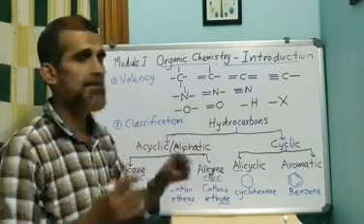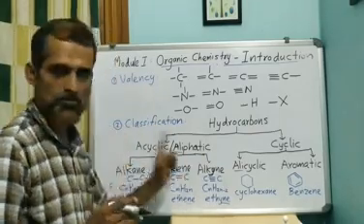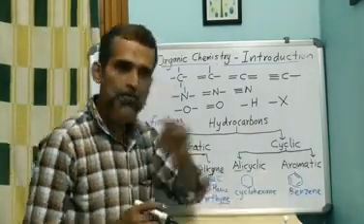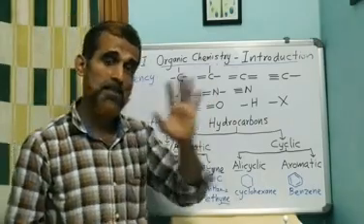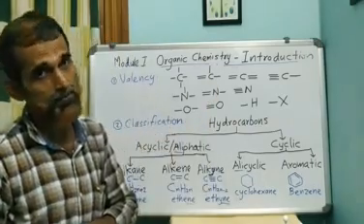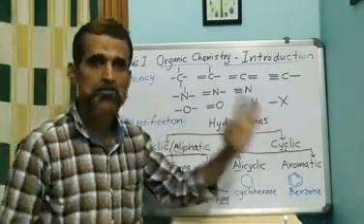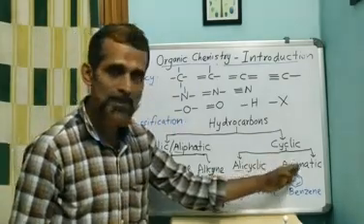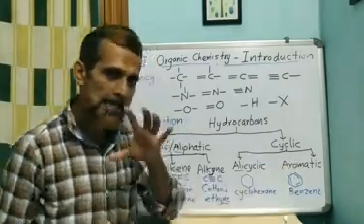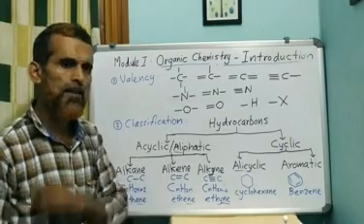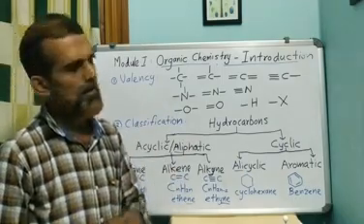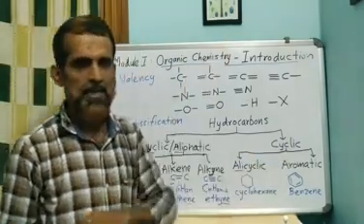Only thing is that they are cyclic, properties are similar to these. Whereas this aromatic, that is a very special category of organic compounds. Maybe the most important class of organic compounds is aromatic, which contain benzene as the classical example. Benzene and related compounds, that you will learn in detail in another module.